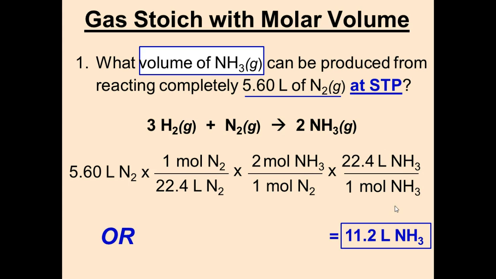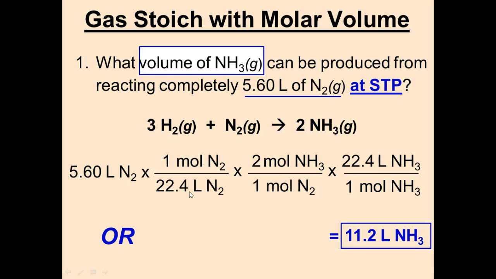So this is all well and good, but there is a shortcut which is pretty cool. So when you're at STP, remember we convert from liters to moles and moles back to liters. And essentially these two fractions right here and right here are reciprocals. And remember, if they're reciprocals, as you've learned in math class, they cancel out, so they're like opposites. So 22.4 and 22.4 essentially divide each other out.